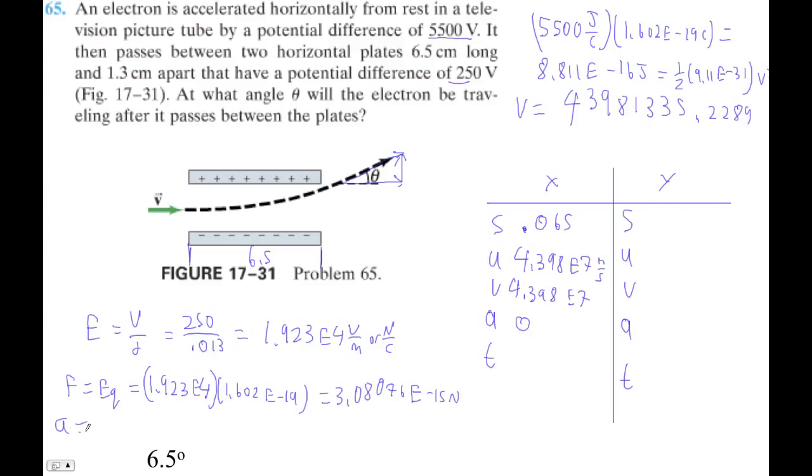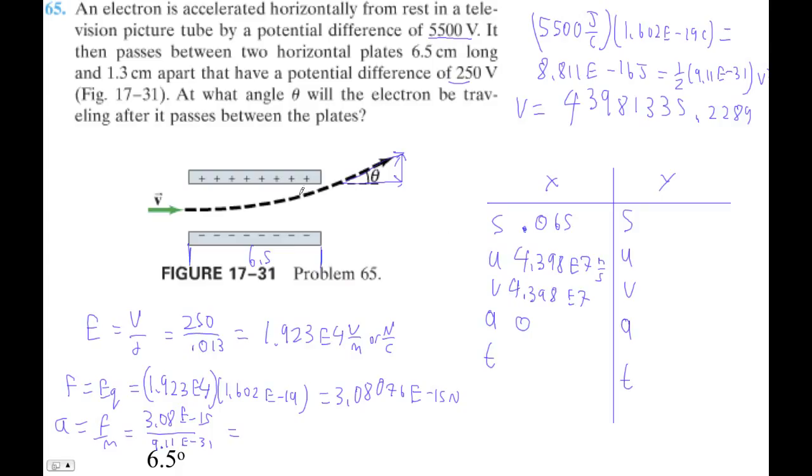And then the acceleration is F over m, divided by the mass of an electron, which is 9.11 e minus 31. We're almost there. Wow, that's a lot of acceleration.